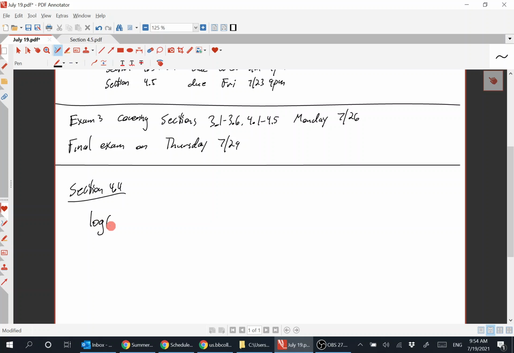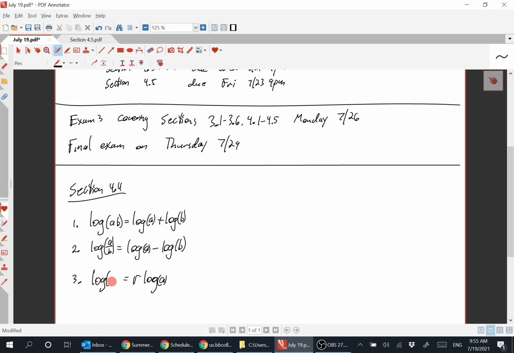The log of a times b is the log of a plus the log of b. Log of a over b is log of a minus log of b, and this goes for any base. And 3, the log of a to the r is r times log of a.